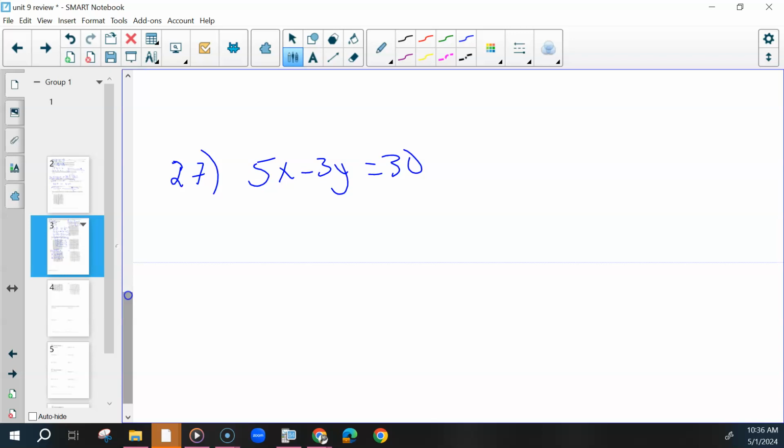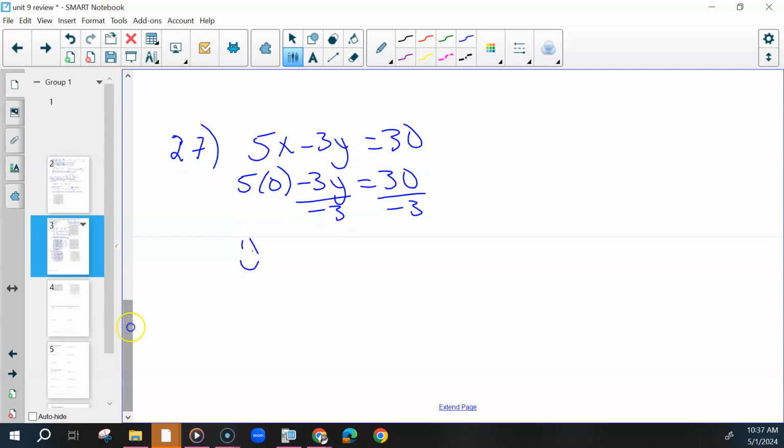So this is on the front of the x and y intercepts. To find your x and y intercepts in this format, you're going to put 0 in for x or for y, but not at the same time. So if I put 0 in for x, we're looking for the y-intercept. This would become 0. We could just divide both of these by -3.